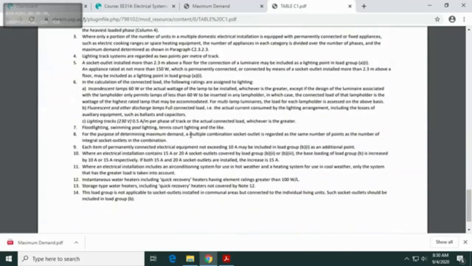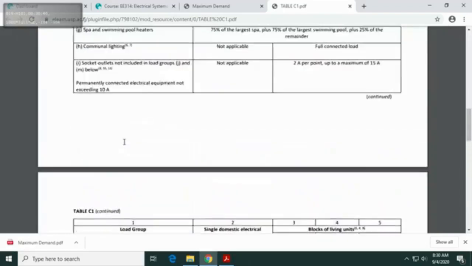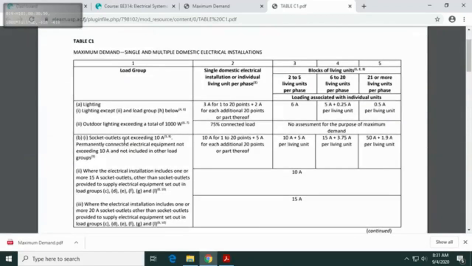As we saw before, for socket outlets, there will be the same number of points as the number of integral socket outlets. That means we have 1 by 15 amps. That means number of point is just 1. So we have 1 point total. And again for 1 point, we'll take the 10 amps.